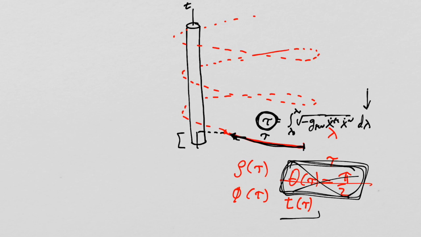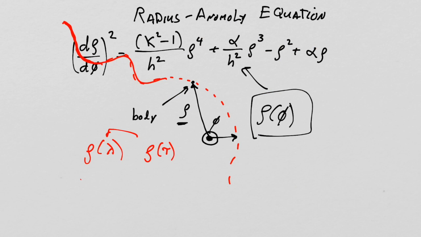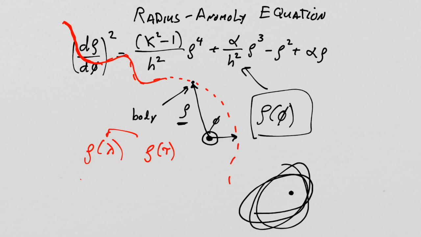So the point is ultimately we want these 3 equations, because the radius anomaly equation will give me the shape in space of the orbit. I tell you the true anomaly, it tells you the distance. And you can plot that out, and you can get a very precise picture of where the orbit is relative to the planet for any true anomaly, including true anomalies greater than 2 pi, which presumably should show the precession of the orbit.